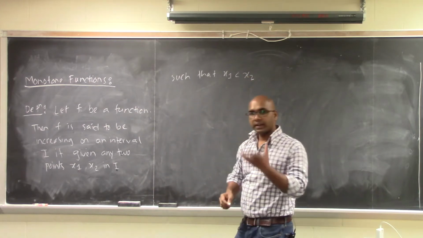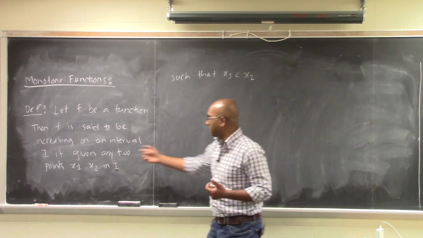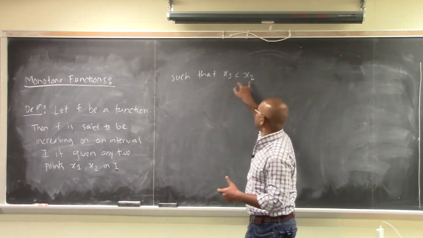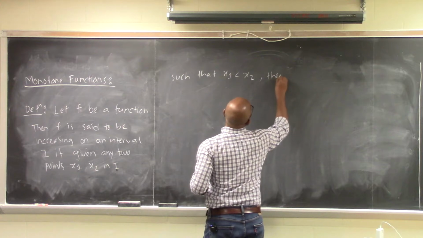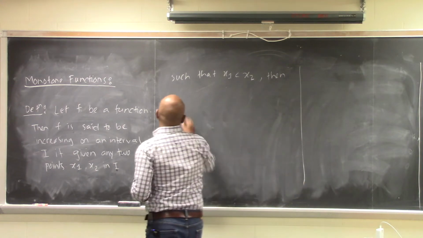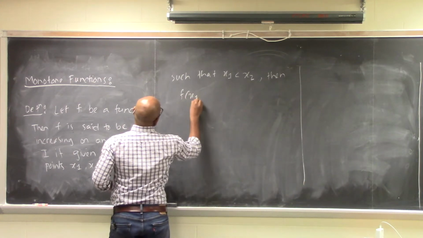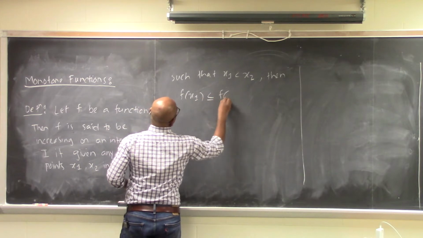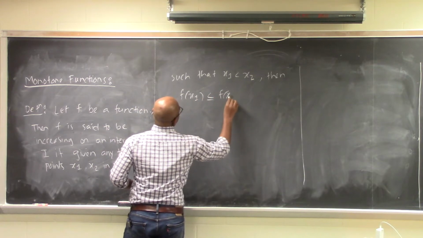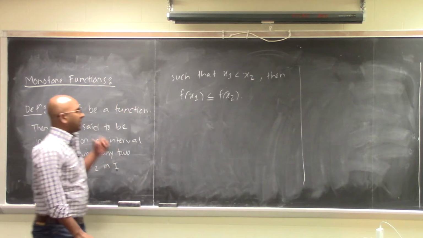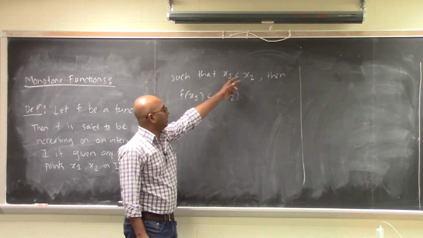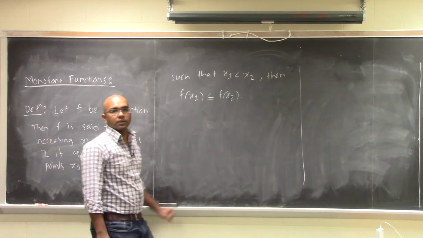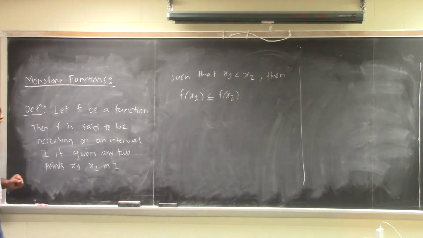So x1 and x2 are two inputs coming from that particular interval, and x2 is the bigger input. If that happens, then f of x1 is less or equal to f of x2. In other words, what does it mean? It means that the bigger input will produce bigger output. That's the definition of an increasing function on an interval.